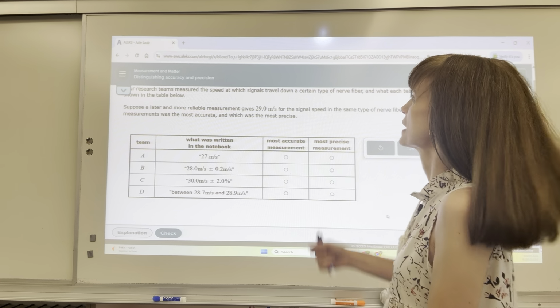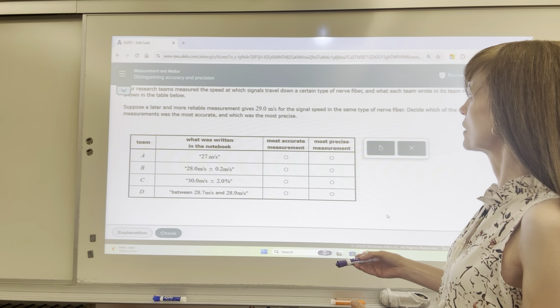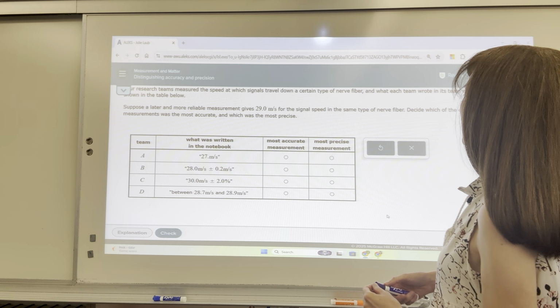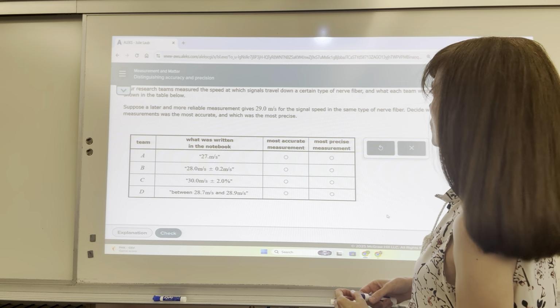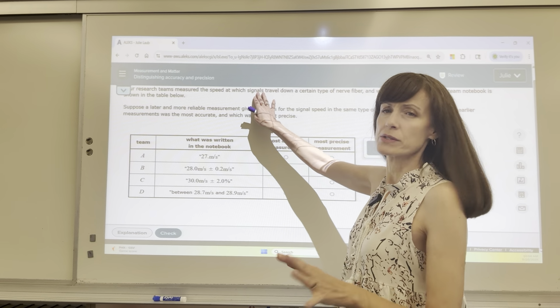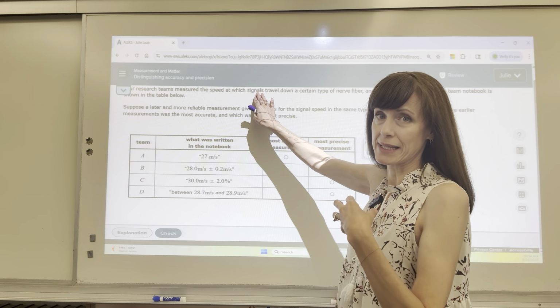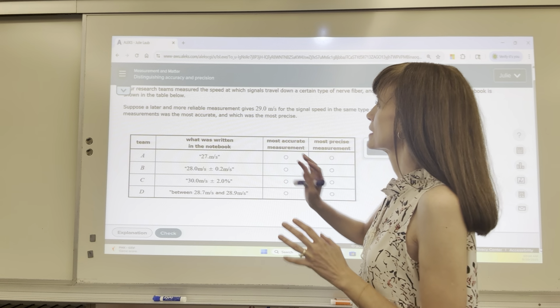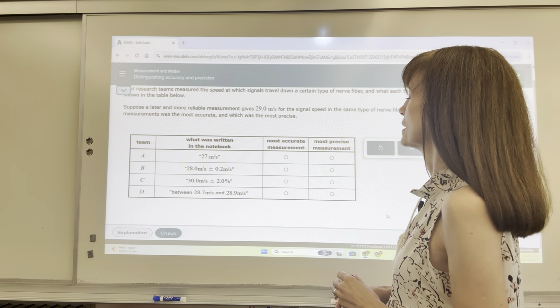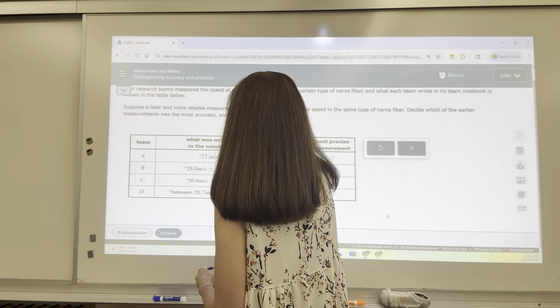Let's go ahead and read this together. It says, our research teams measured the speed at which signals travel down a certain type of nerve fiber, and what each team wrote in its team notebook is shown in the table below. So there are always going to be some sort of group of teams that are taking some measurements. Suppose a more reliable measurement gives 29.0 meters per second.